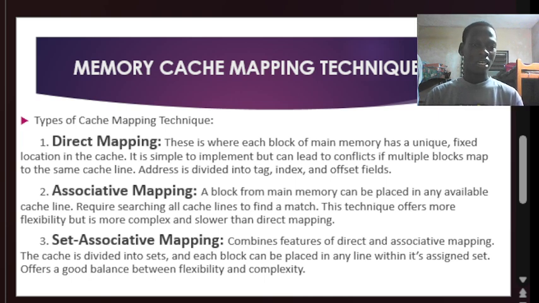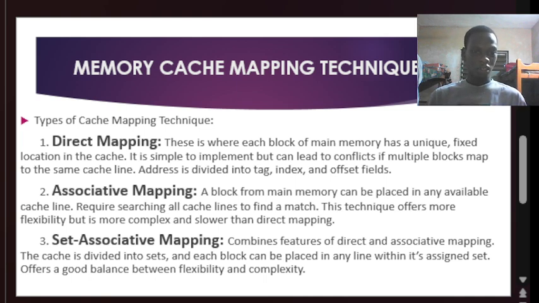The last one is set associative mapping. It combines features of direct and associative mapping. The cache is divided into sets, and each block can be placed in any line within its assigned set.